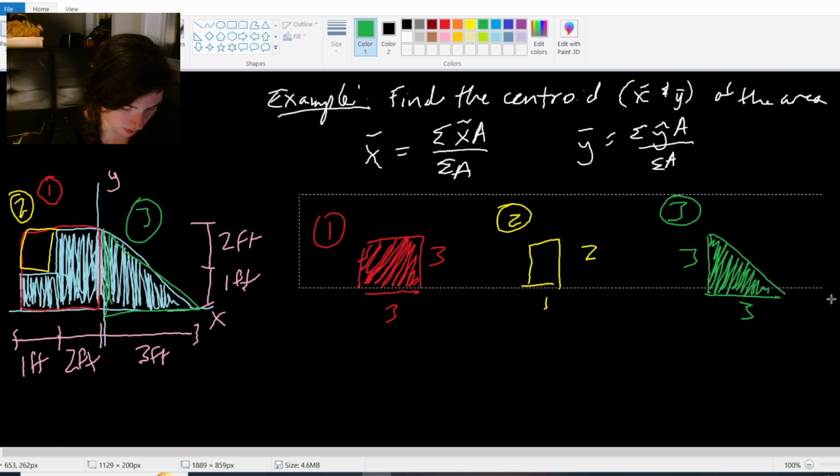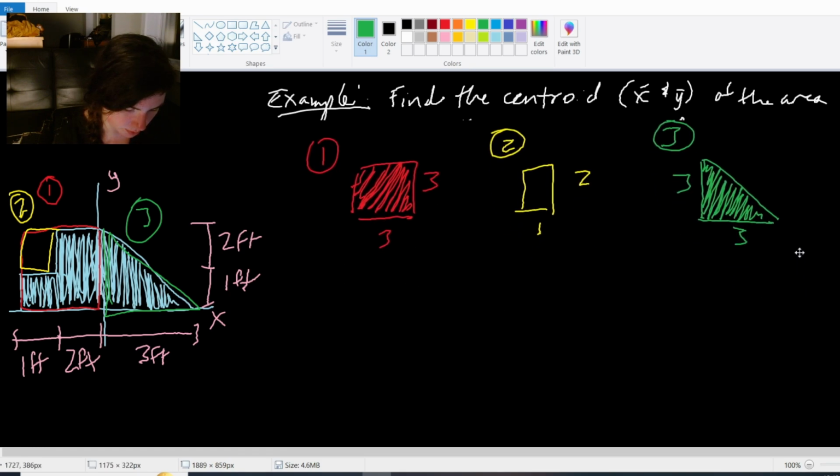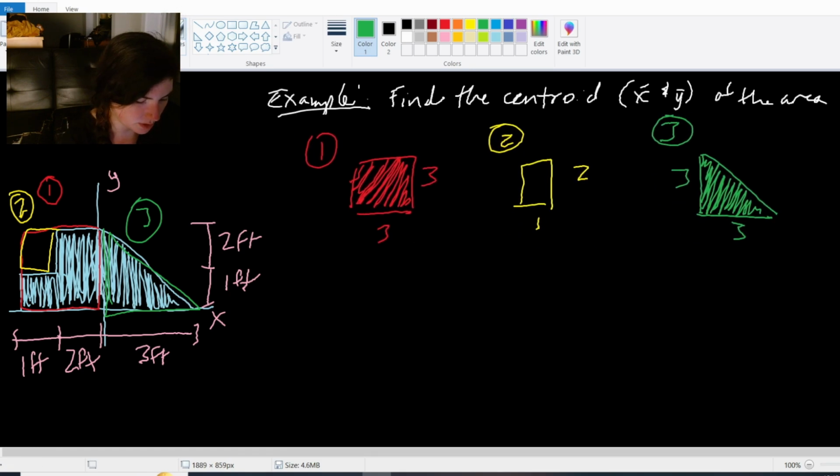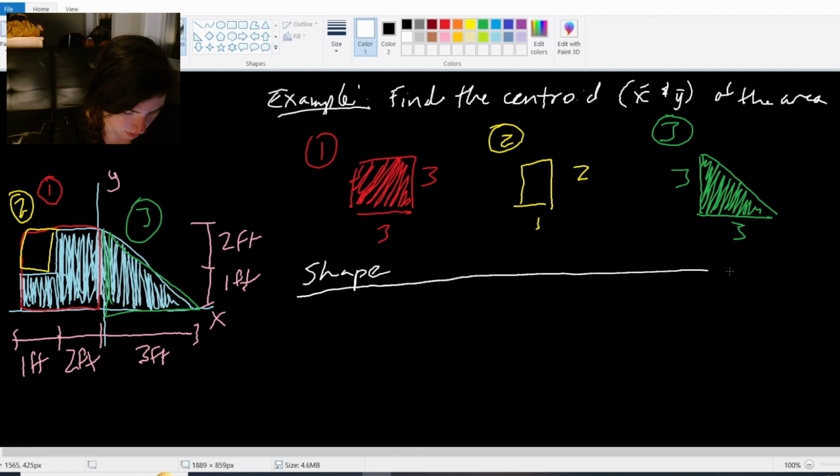All right, I'm going to do my basic table setup. So again, what I want is the shape, my area, my x and y centroids, and then those multiplications, right? The x times A and the y times A. So in this, I'm going to have shape. Build a big long table here.